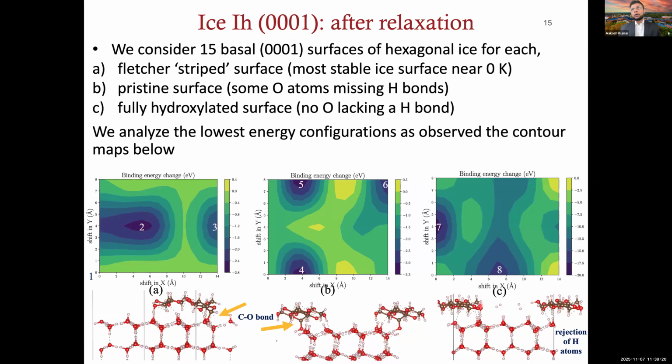The other thing we noticed was for the case of the hydroxylated surface, where you have all of the hydrogen atoms satisfied, we had this disintegration, where they basically reject these surface atoms. This is not the most stable configuration. This is not what is preferred when you have cellulose on top of ice, right?